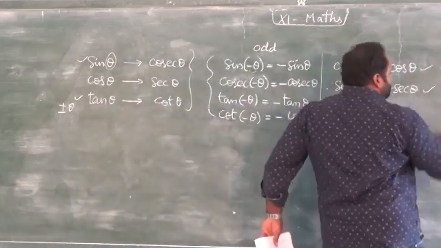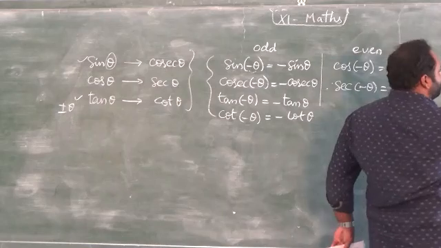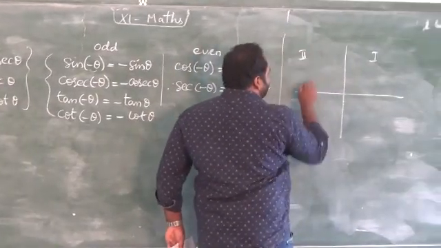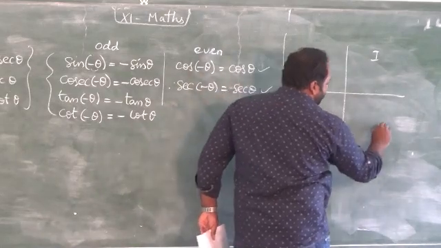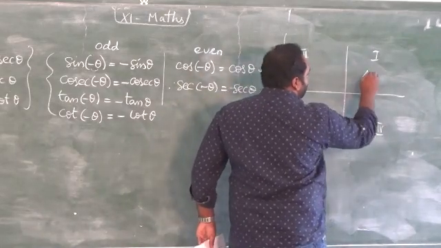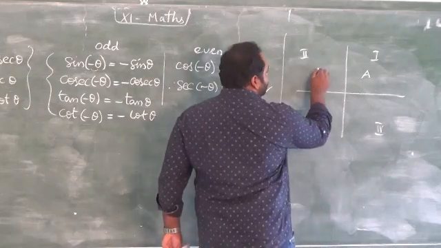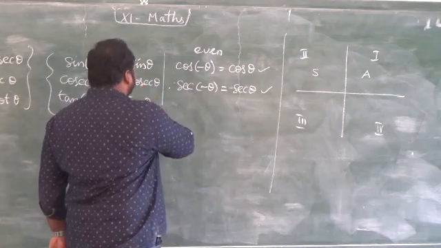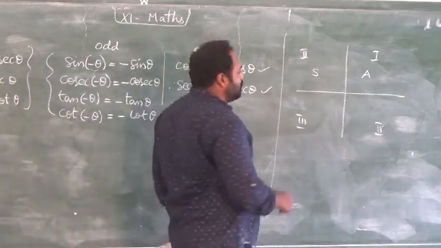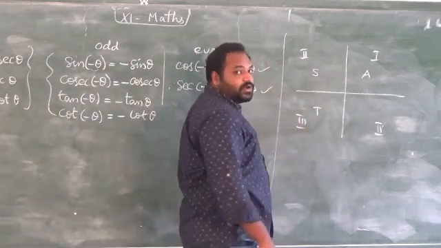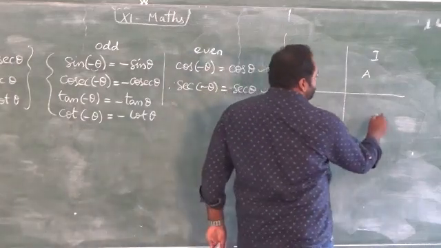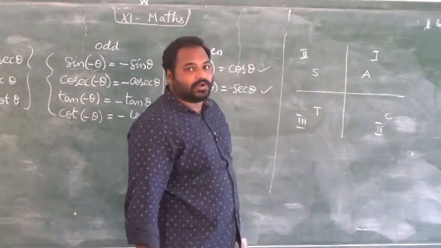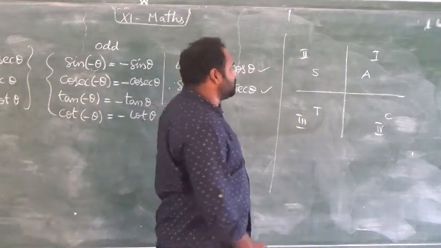Next concept, we know the 4 quadrants: first, second, third and fourth. In the first quadrant all functions are positive. In the second, only the sine function and its reciprocal cosecant are positive. In the third, only the tan function and its reciprocal cot are positive. In the fourth, only the cos function and its reciprocal secant are positive.